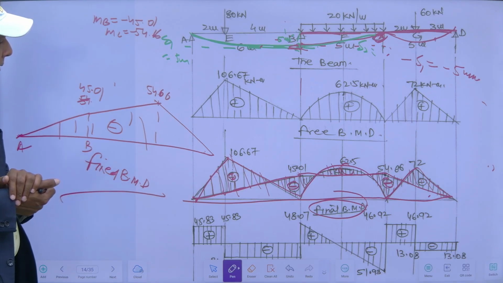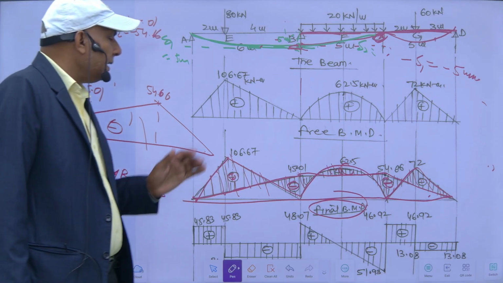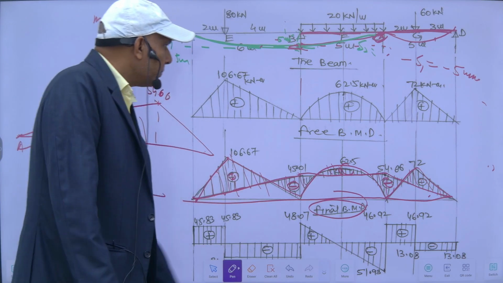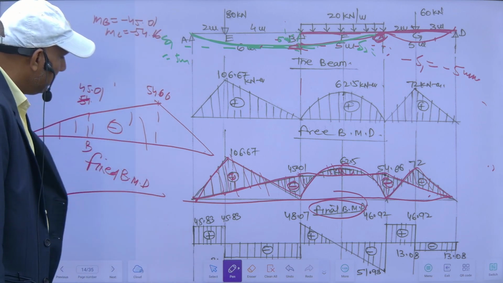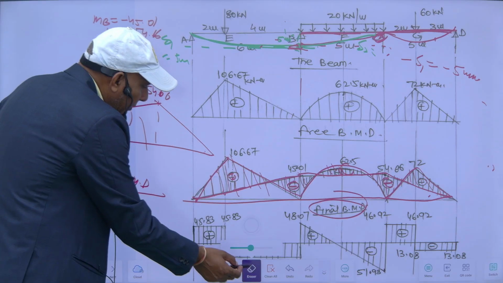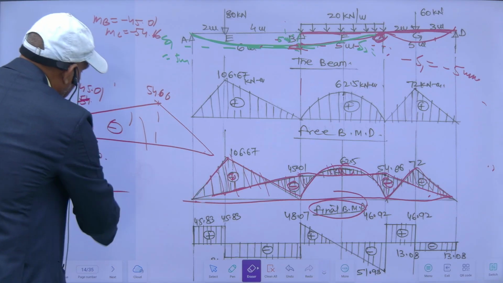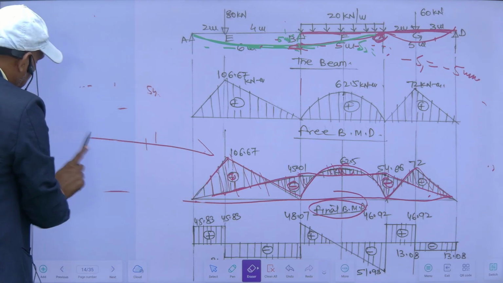So if I want to draw the SFD, then I will require the reactions. For finding the reactions, I will calculate them.